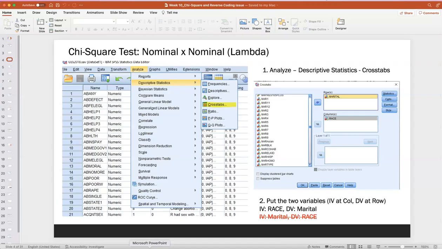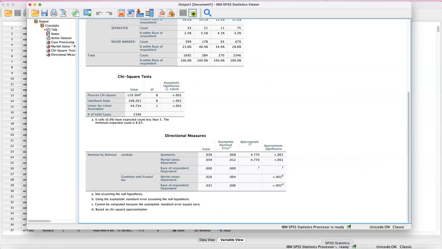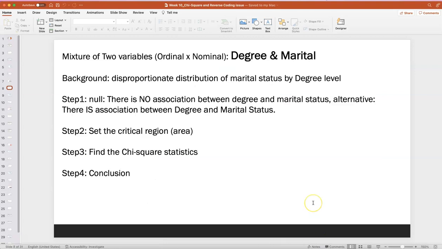Okay, here. The format is a little different. 0.059 is a very weak association, because it is around or below this range. For lambda, there is no directional measure, so we cannot say there is a positive or negative relationship.